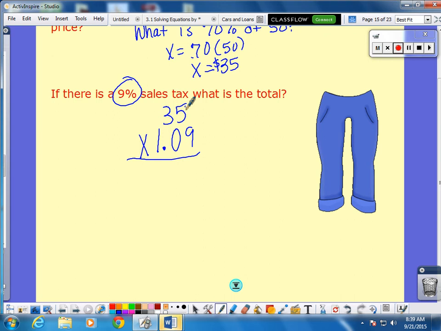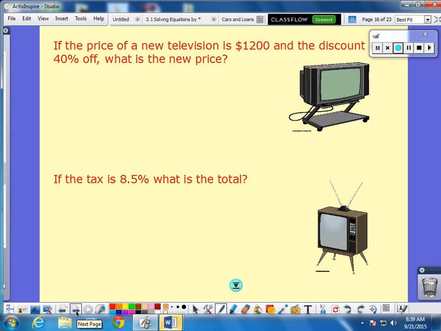That would be $38.15. So there's the sales tax shortcut. Do your rate, put a 1 in front of it, that gives you the total price. Now, if the question said what's the tax, we'd multiply by .09.